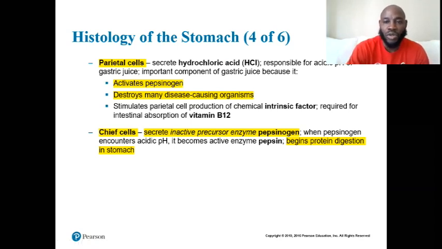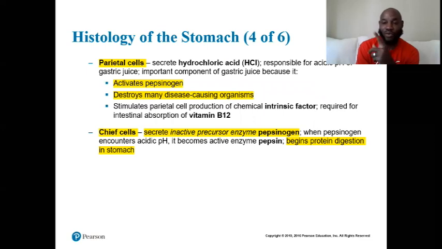It's responsible for the acidic pH of the gastric juice. This also activates pepsinogen, right? We're going to see that a little bit more when we go into the digestion. It also destroys many disease-causing agents.